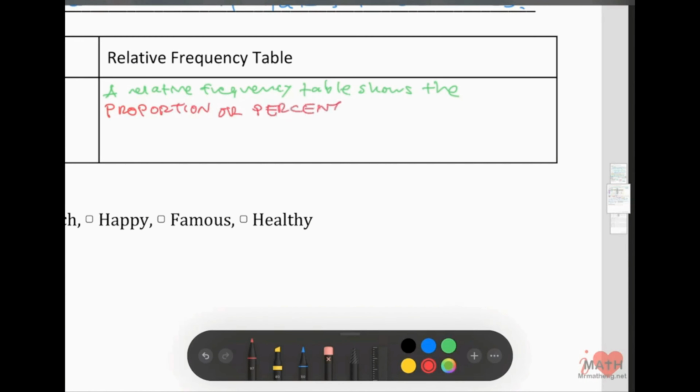So if you're just doing this on regular paper, you can just go back and highlight it. That'd be a good idea. Of individuals having each data value.